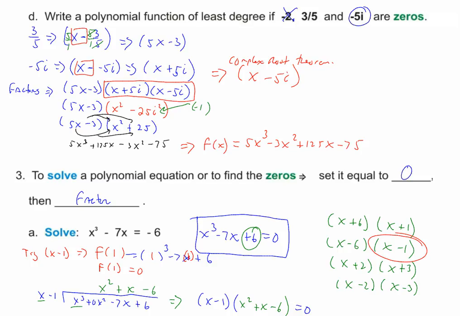All right, so then we dealt with another scenario, write a polynomial function of least degree if. So in this situation, they gave us the roots, or they gave us the zeros, and we had to figure out then what the factors must have been from those zeros, and therefore then multiply out all those factors.